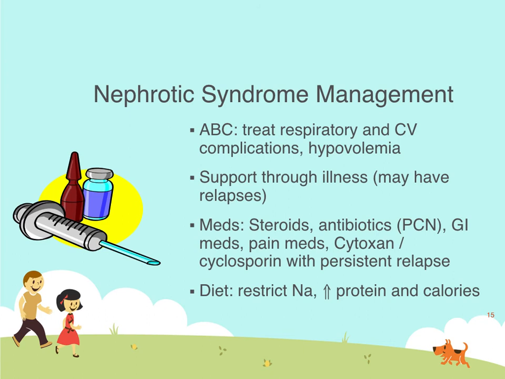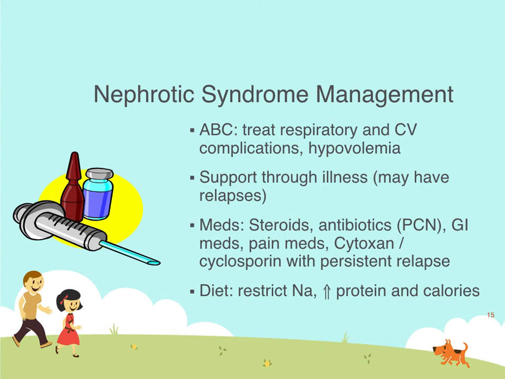They may need antibiotics as a prophylactic means or because they develop an active infection due to their immunosuppression. They may need medications for the gut because of the ascites impacting their ability to have peristalsis. Pain meds due to edema or whatever else is going on.